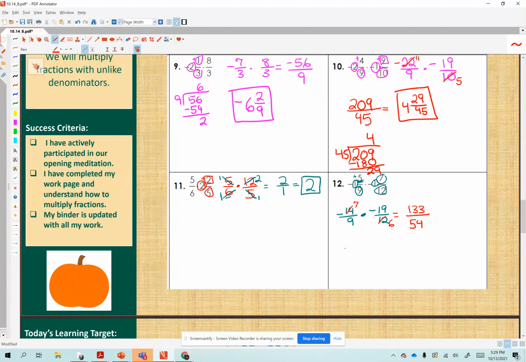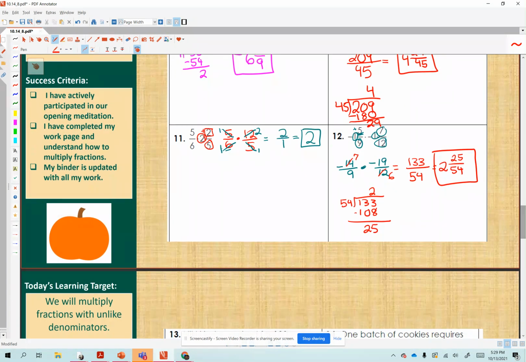And we will divide 54 into 133, which I'm guessing will be 2 times. 2 times 54 is 108. We subtract, and we have 133 minus 108, 25/54ths. So 2 and 25/54ths is our final answer there.